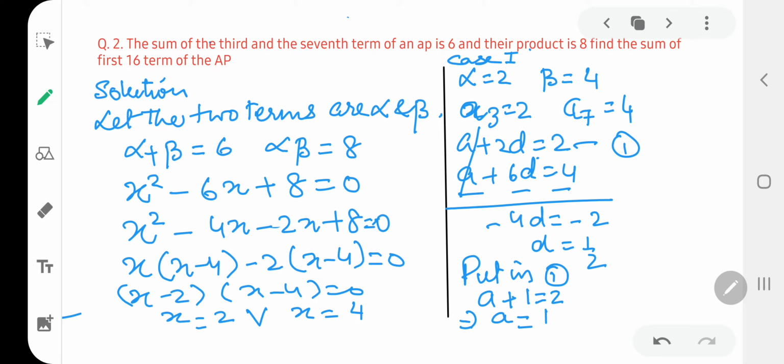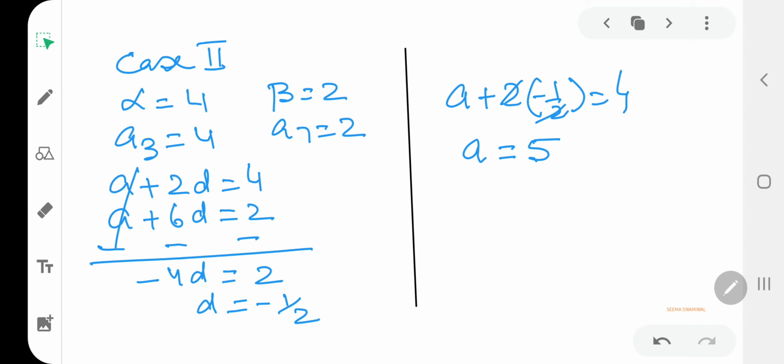And if we reverse the order, that means if we are taking the third term as 4 and the seventh term as 2, then children, that will become the second case. So let's take the second case in which the third term is 4 and the seventh term is 2.